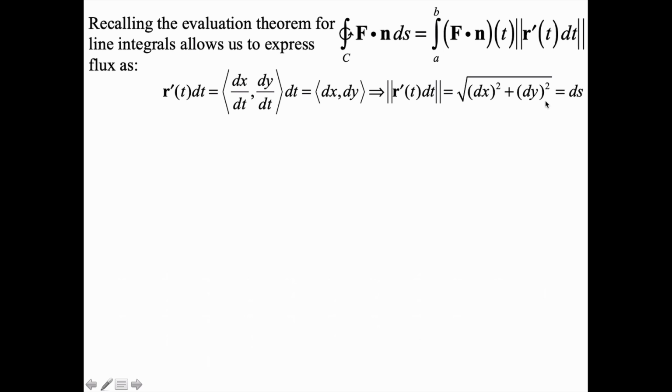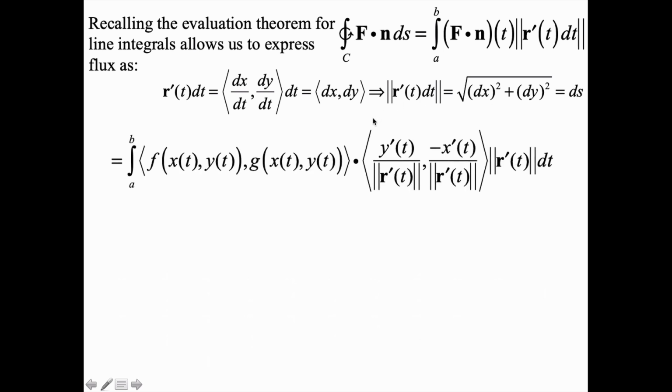the boundary curve. So if we want to express flux in parametric form, we have the parameter t involved. So we have the vector field big F represented here with little f, little g, dotted with the unit normal vector, which we've already established in the previous slide. And we have hanging out here on the outside the norm of r prime of t dt.